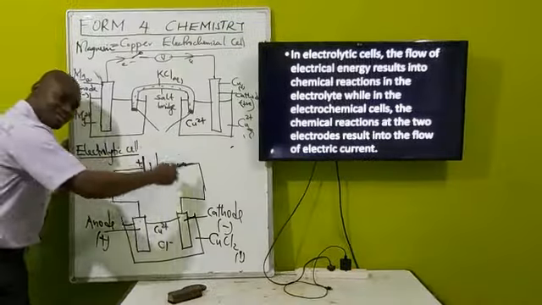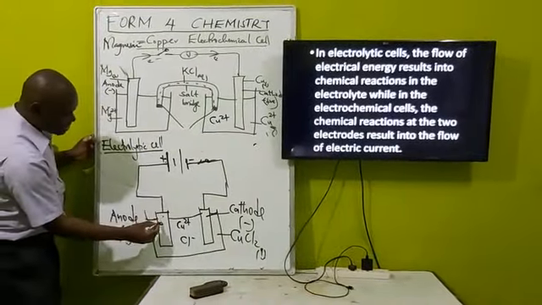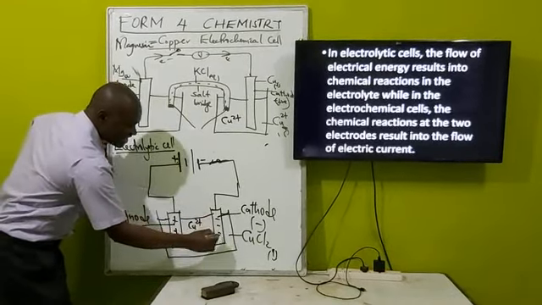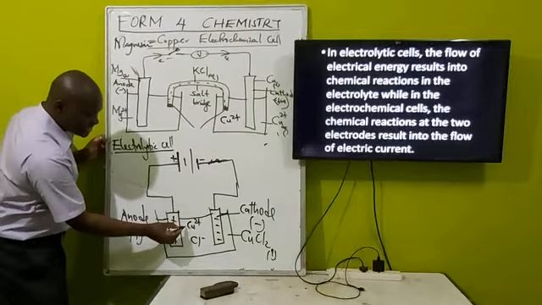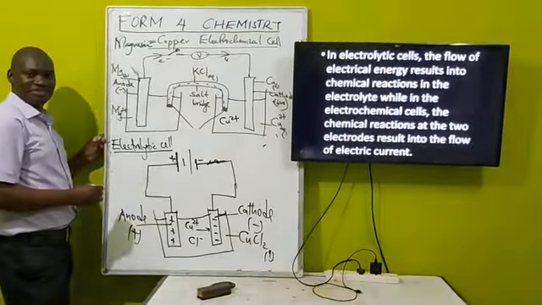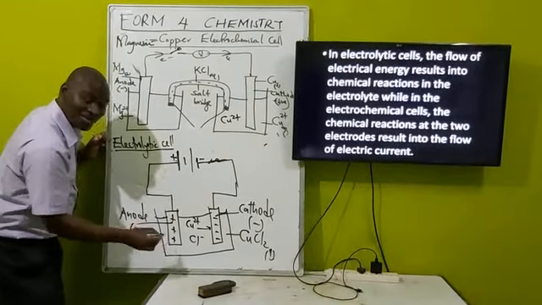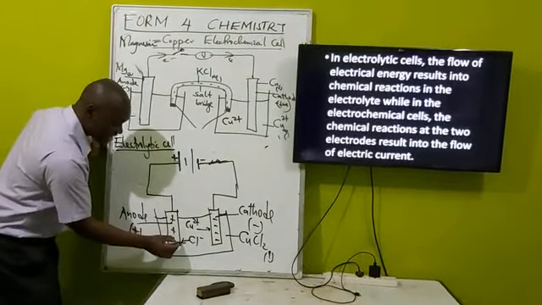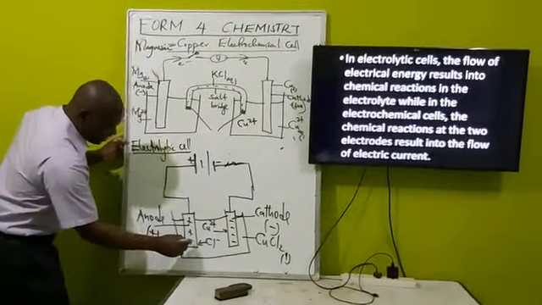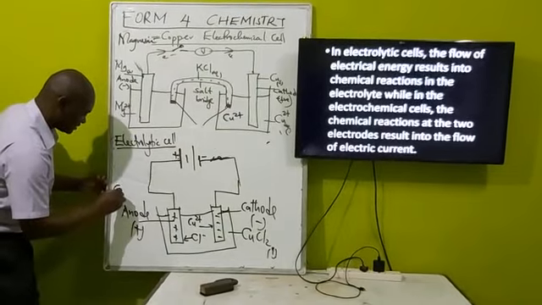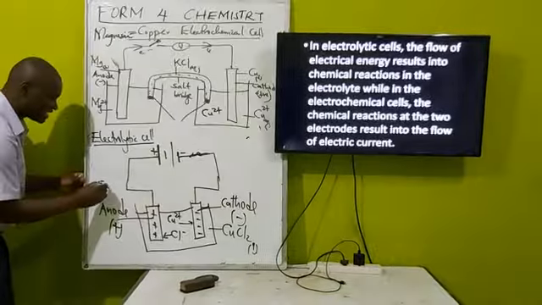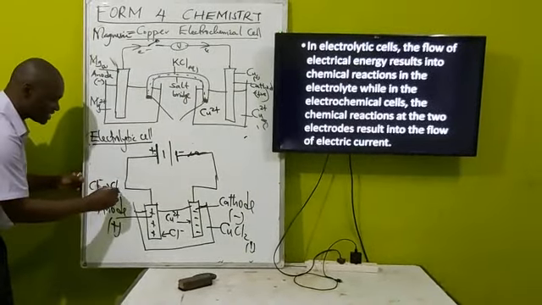If the electric current flows, then this one will become positive and this one will become negative. The positive copper 2 ions will migrate to the cathode. The negative chloride ions will migrate to the anode. Chloride ions will lose electrons to form chlorine gas.